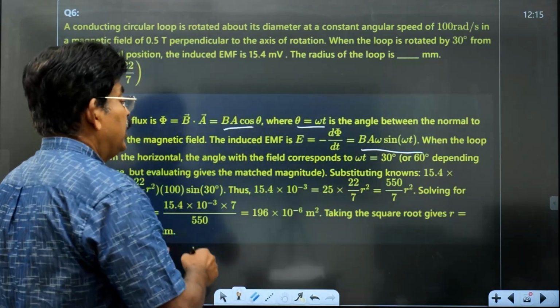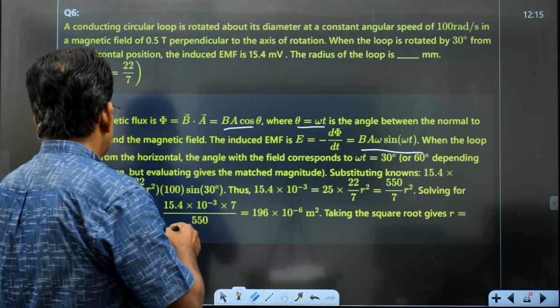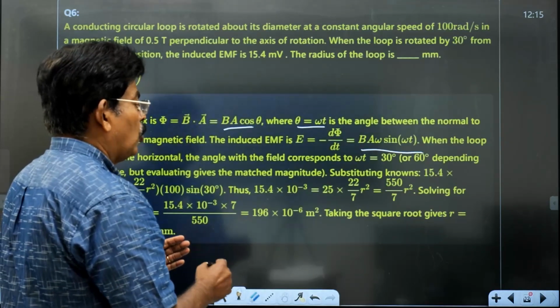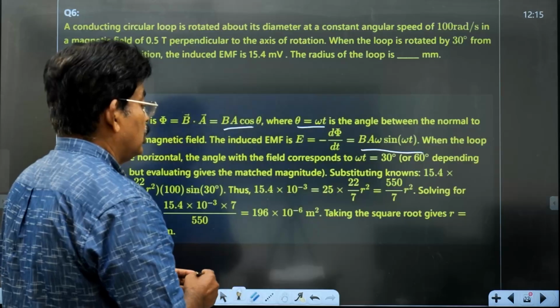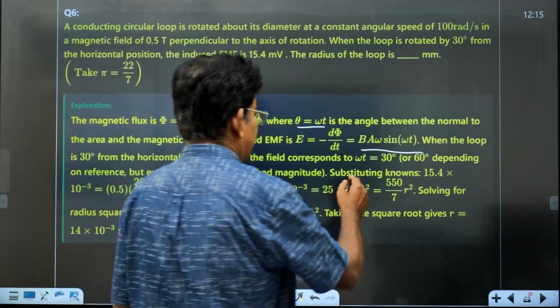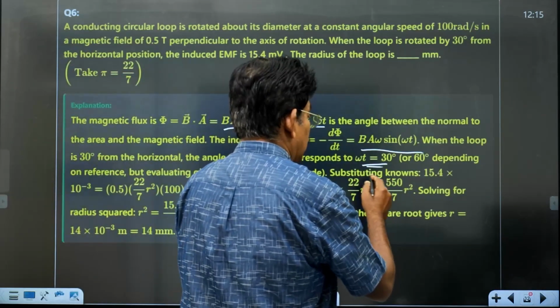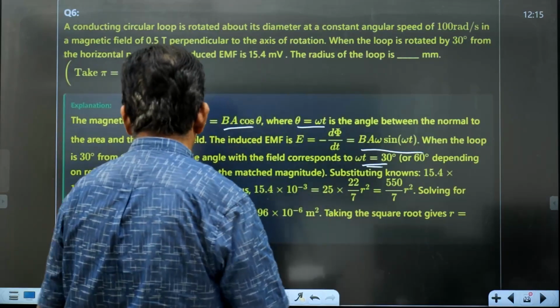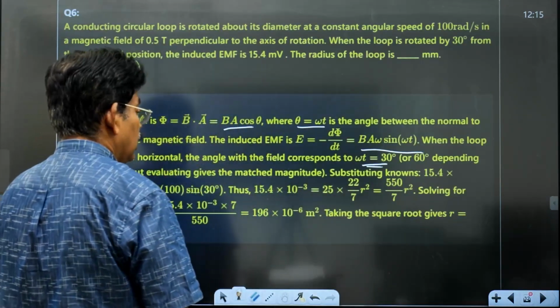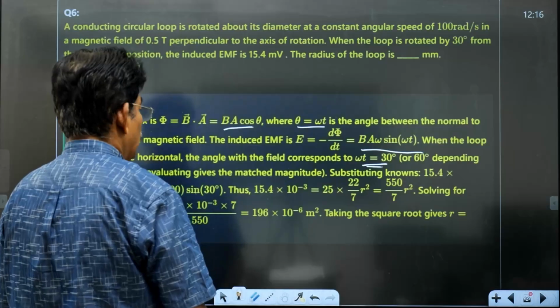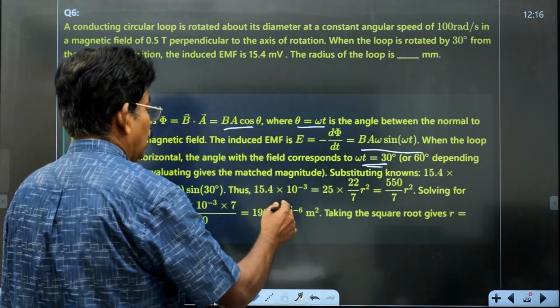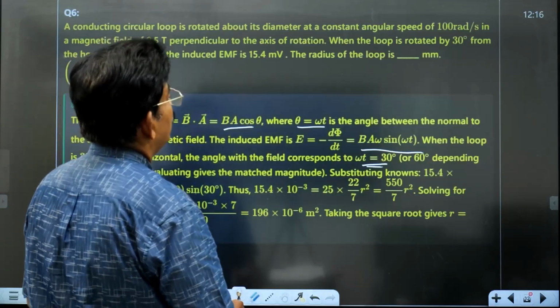Then when the loop is turned through 30 degrees, the normal to the plane of the coil will also turn through 30 degrees. Here we take it in that manner, from the initial position it is turned by 30 degrees. So the other option we don't require. Then we will be getting the induced EMF, that is B. B is given to be how much?